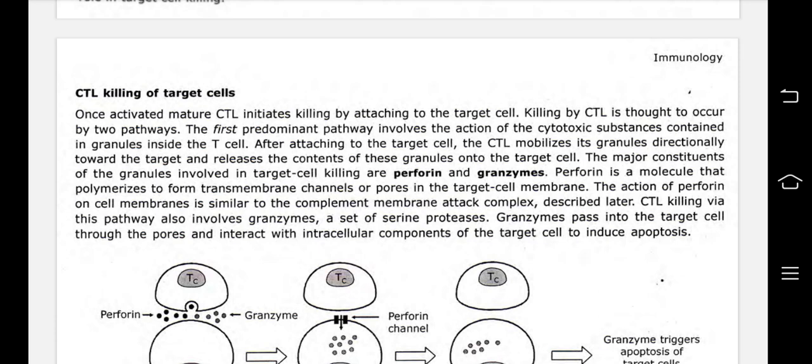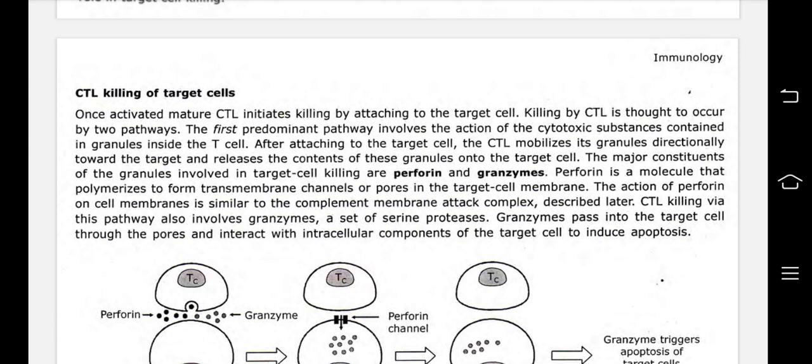The major constituents of the granules involved in target cell killing are perforin and granzymes. Perforin is a molecule that polymerizes to form transmembrane channels or pores in the target cell membrane. The action of perforin on cell membranes is similar to the complement membrane attack complex described later.